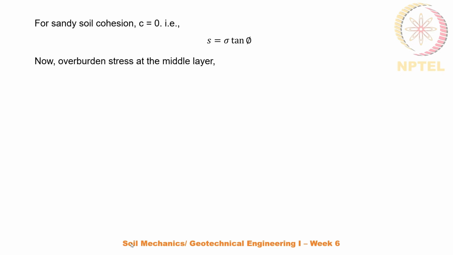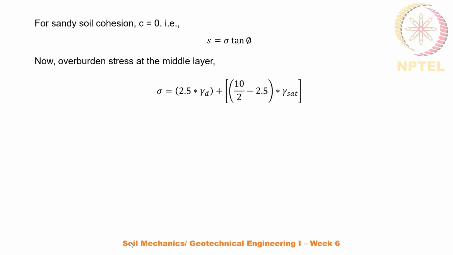Now, overburden stress, that is sigma at the middle layer, is equal to 2.5 times dry unit weight of the soil, that is the soil above the water table, because our water table is at a depth of 2.5 meter from the ground surface. Above that water table, we are asked to consider the soil as dry.